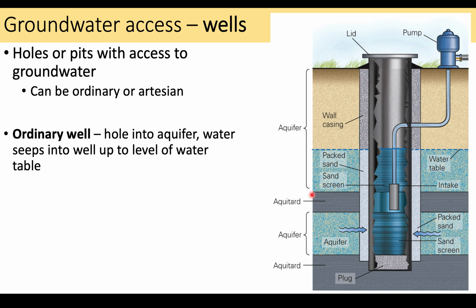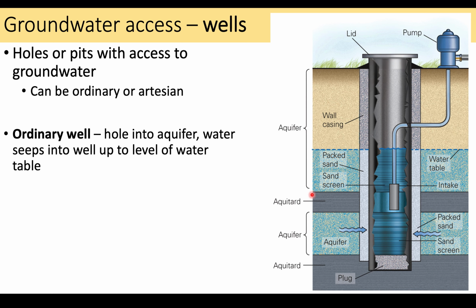So along with springs, which are natural, we also have wells. Wells are where people have dug downwards holes, sometimes pits, to access the groundwater, to get that groundwater up for human use. So we have ordinary and artesian.